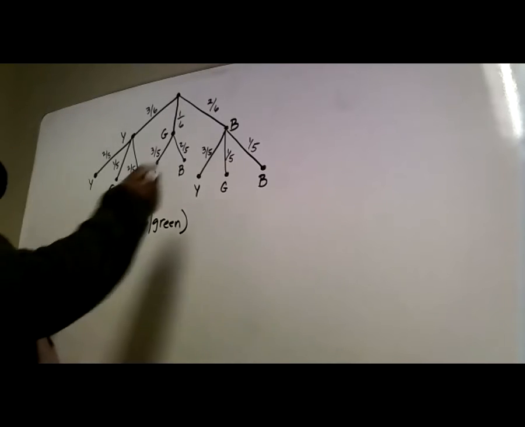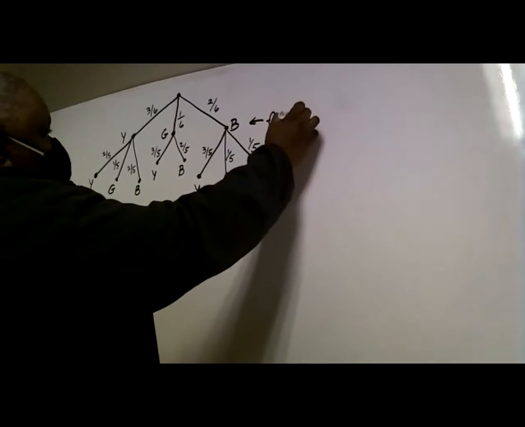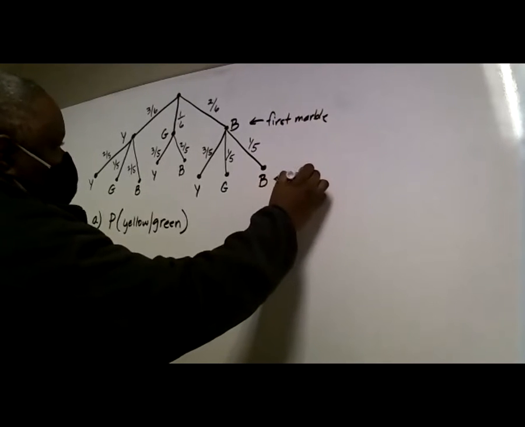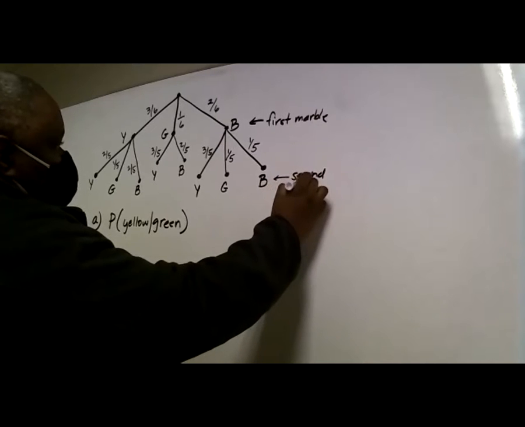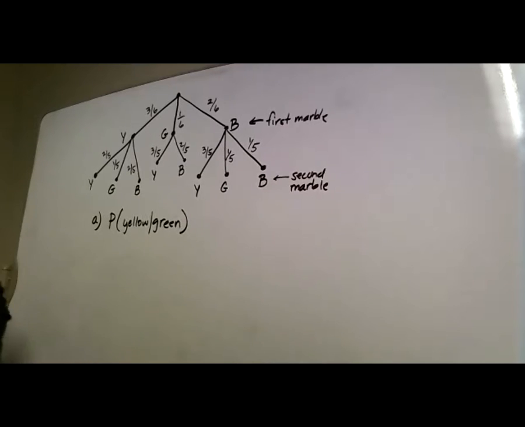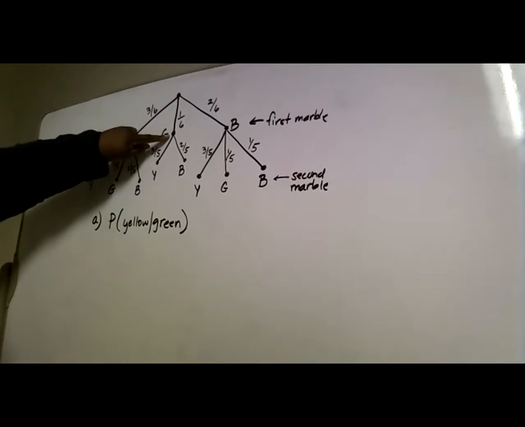Well, these right here represent the first marble, and then these represent the second marble. So here we're going to be working backwards. In this case, we're given that the first marble is green. So here's the first marble, and it's green right here.